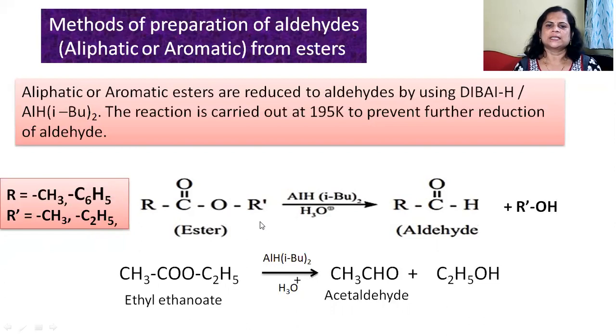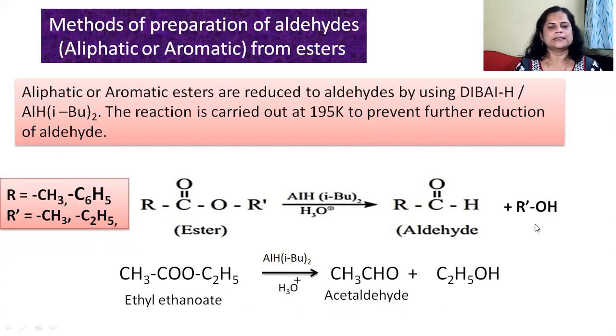So just these hydrogens are added, meaning these esters are reduced, and for the reduction reaction you are using the reagent diisobutyl aluminium hydride. One hydrogen is added to the C=O and one to the R'O. So we get the products aldehydes and alcohols.